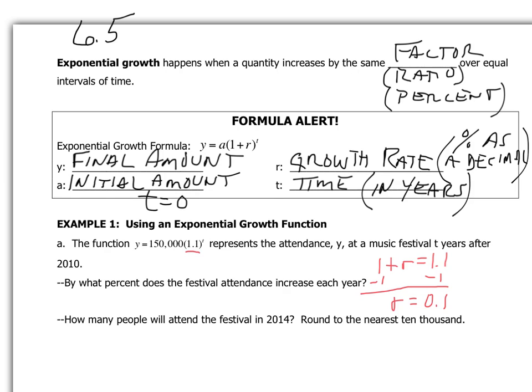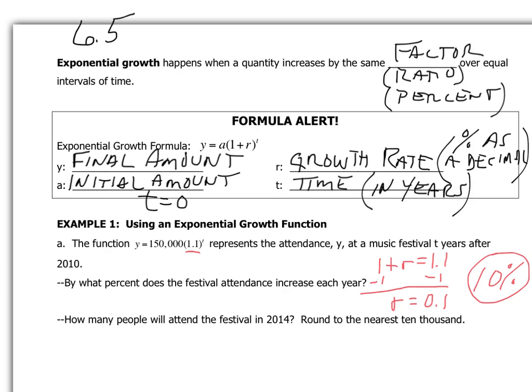We just mentioned a moment ago that the growth rate, or the r, is always a percent written as a decimal. Well, we know that 0.1 as a decimal is 10%. So the amount that the festival attendance increases each year is 10%.